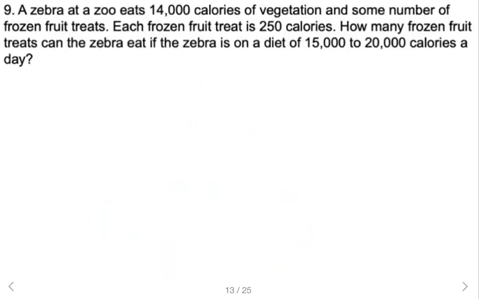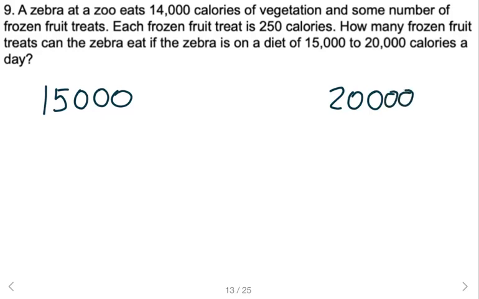All right, we've got this word problem here. So a zebra is going to eat between 15,000 and 20,000 calories a day. And the way that the zebra is going to do that is they're going to eat 14,000 calories of vegetation, plus some fruit snacks.